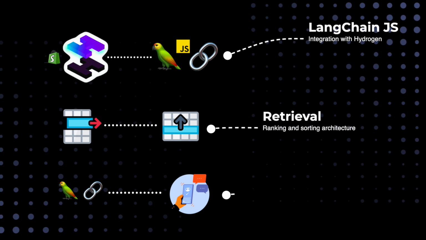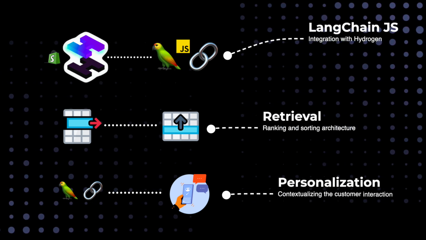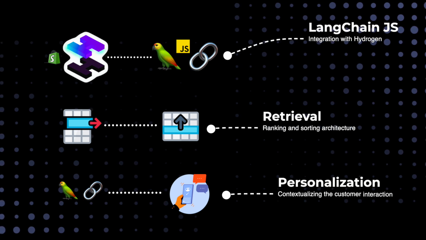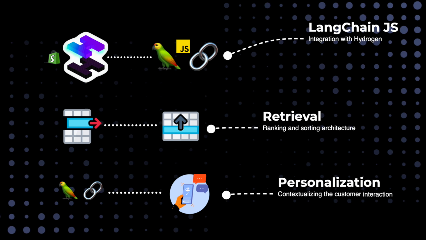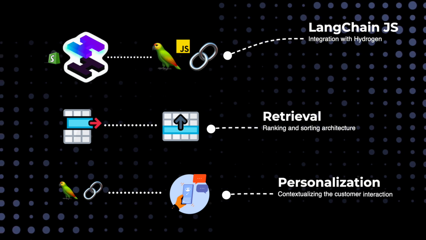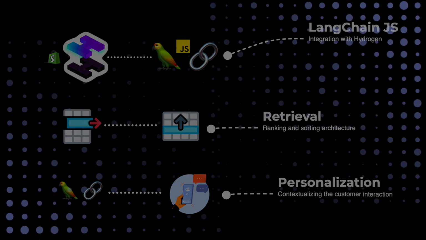And finally, headless e-commerce makes it easier to contextualize the customer experience using relevant customer data and implement end-to-end personalization pipelines. And all of this can, of course, be aided by large language models and frameworks like LangChain. So let's now have a look at some of the challenges we might face when building a chatbot.